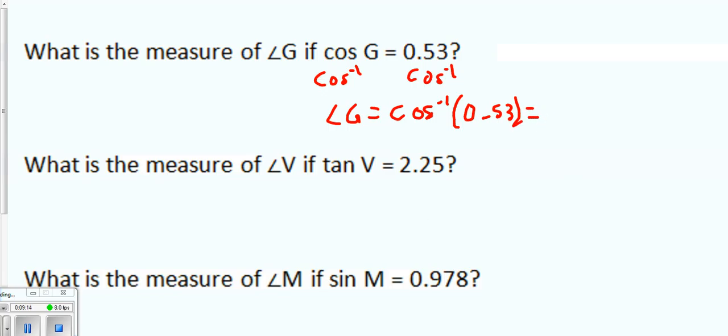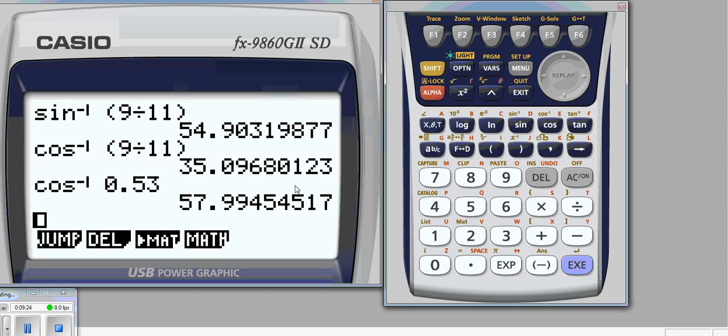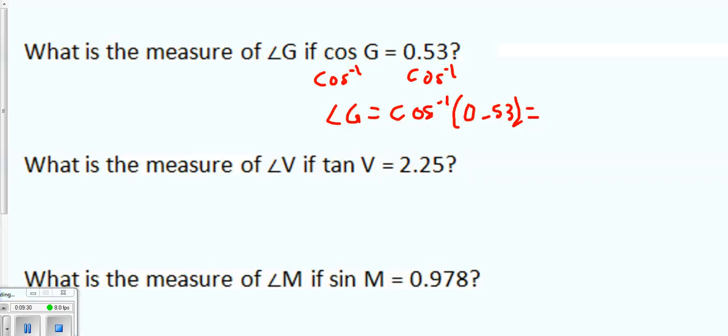So I would just go to my calculator, cosine inverse. You don't need parentheses, but if you wanted to, you could. 0.53, so 57.9. Since it's 0.99, we can even round it up and just call it 58. So we will say angle G equals 58 degrees.